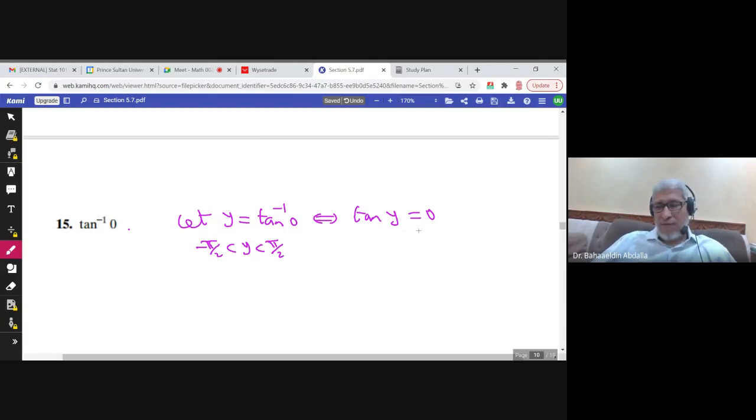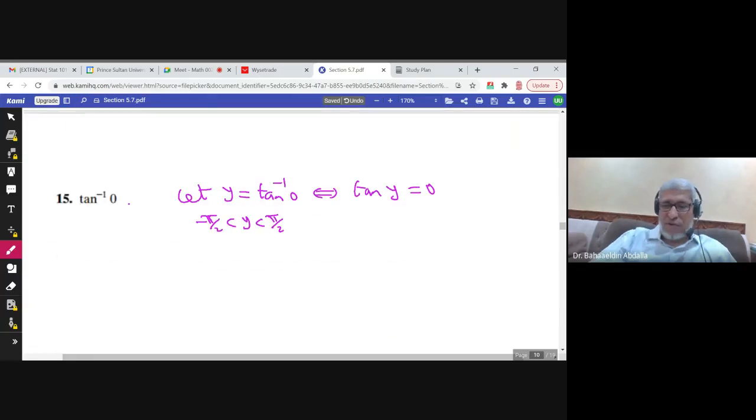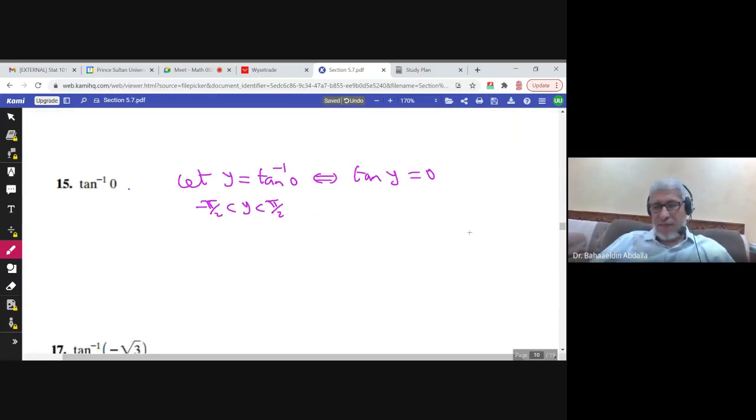If tan is 0, you cannot find it from the 45 triangle or the 30-60 triangle. But which angle has tan 0? If you remember these four points, (1, 0), (0, 1), (negative 1, 0), and (0, negative 1), these four points will give you the six trigonometric functions of any quadrantal angle.